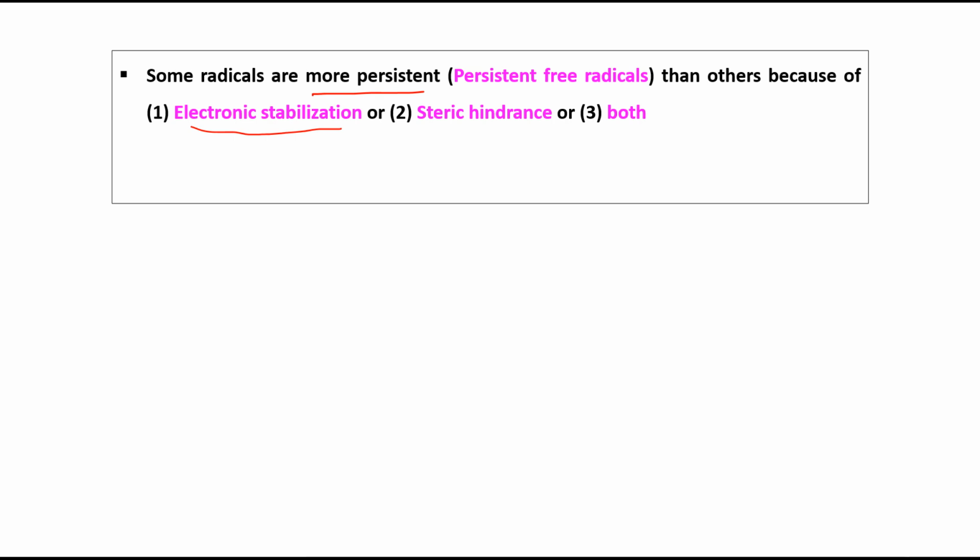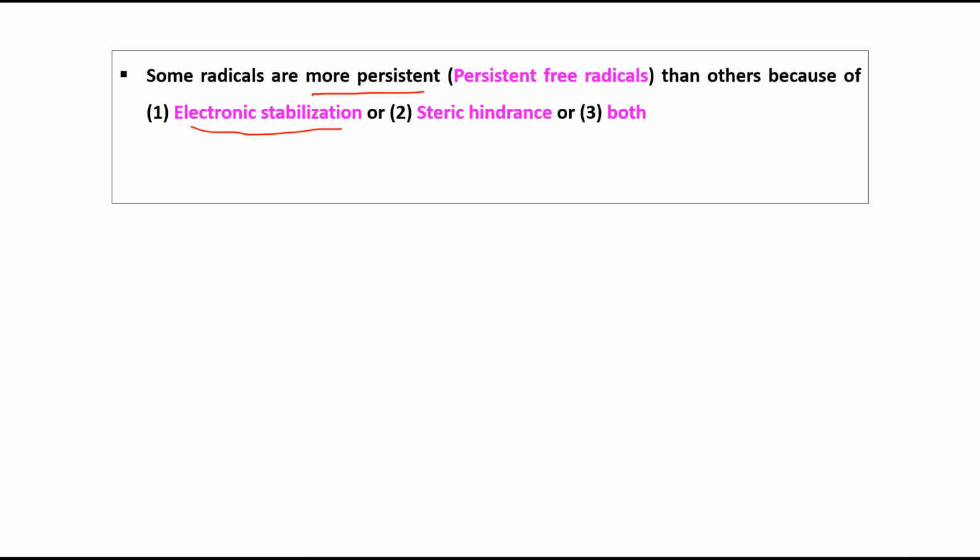In carbocation reactive intermediates, the way these three terms stabilize the carbocation, in a similar way they also stabilize free radicals. So all these terms come under electronic stabilization.